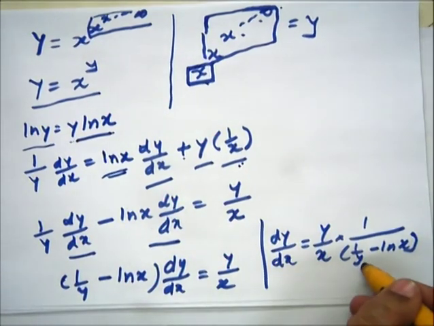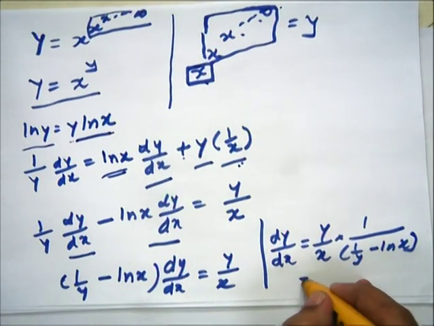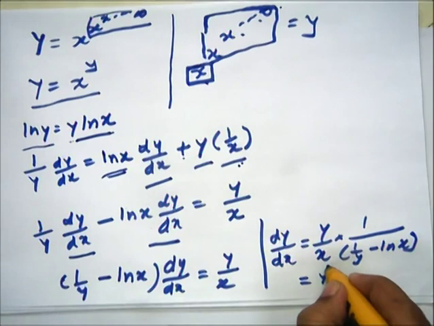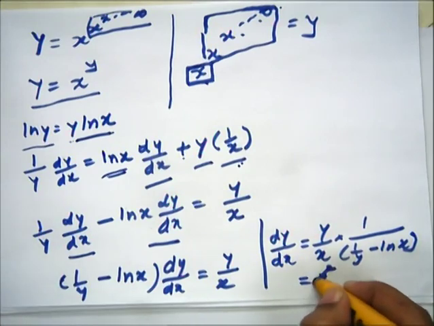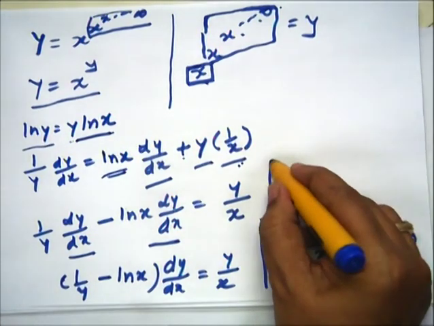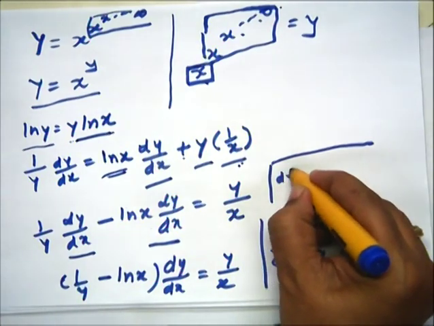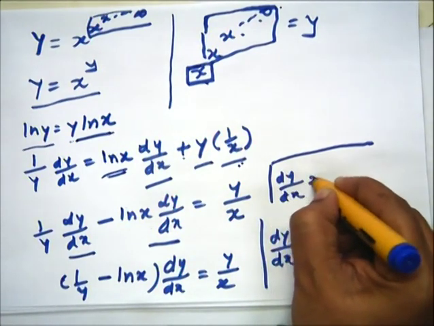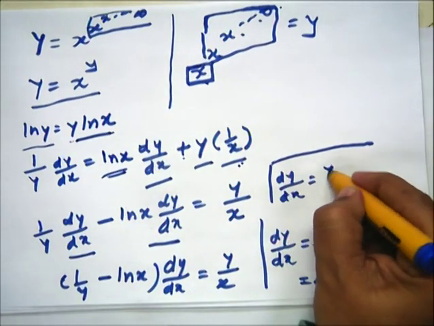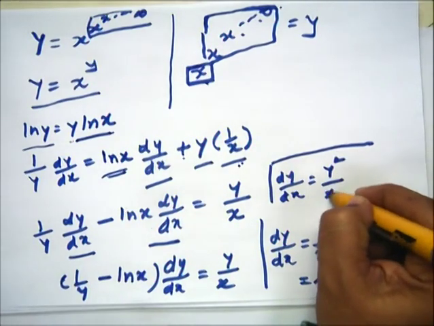Or you can take y as LCM here, that gives you y square by... here I am writing dy by dx is equal to y square by x.